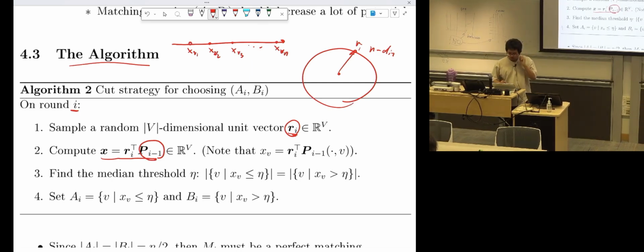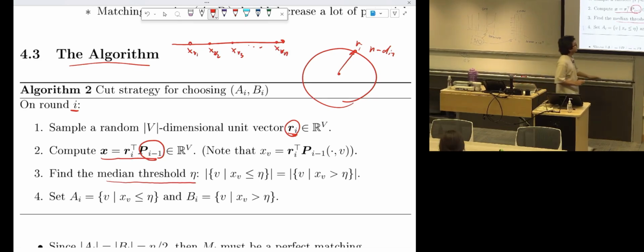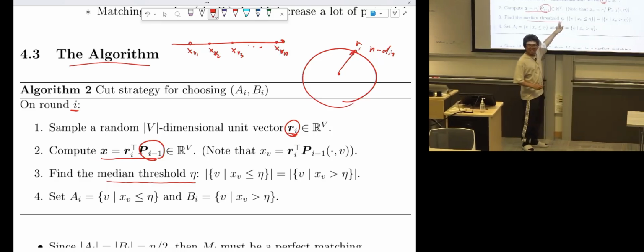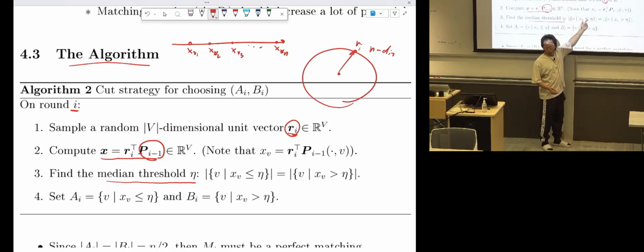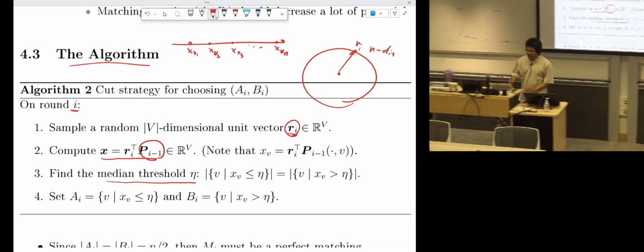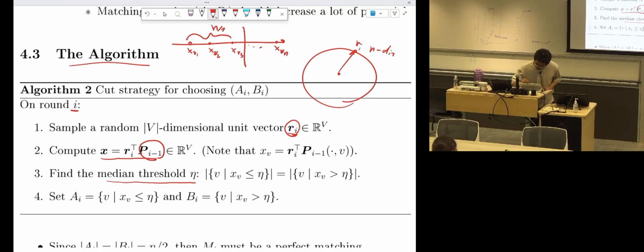Then I'm going to choose a median threshold according to x. Choose a threshold eta, which is the median, so that there are n/2 points here and n/2 points here. This is eta.